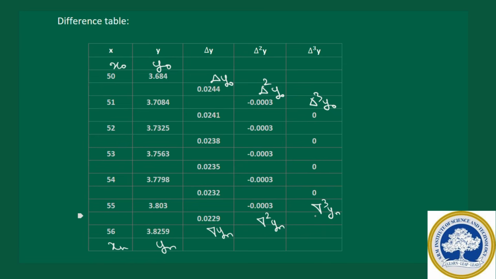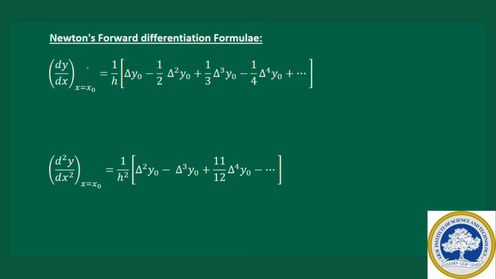While going for the last value we use the backward difference operator, denoted as del yn, del square yn, and del cube yn. Now we substitute these values in the formula directly. Let us start with Newton's forward differentiation formula: dy by dx at x equal to x naught is 1 by h into delta y naught minus 1 by 2 delta square y naught, and so on. What is h?